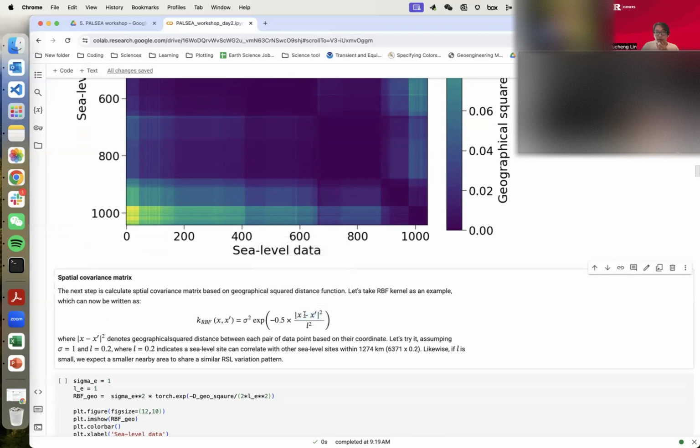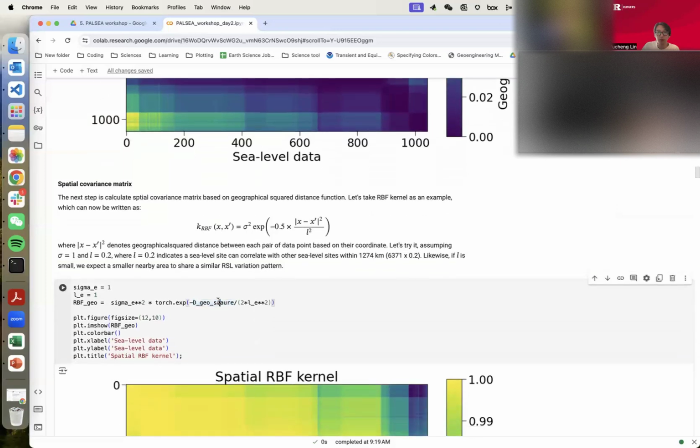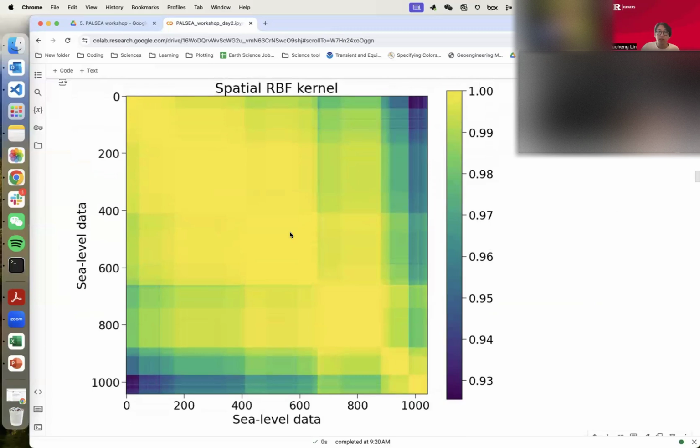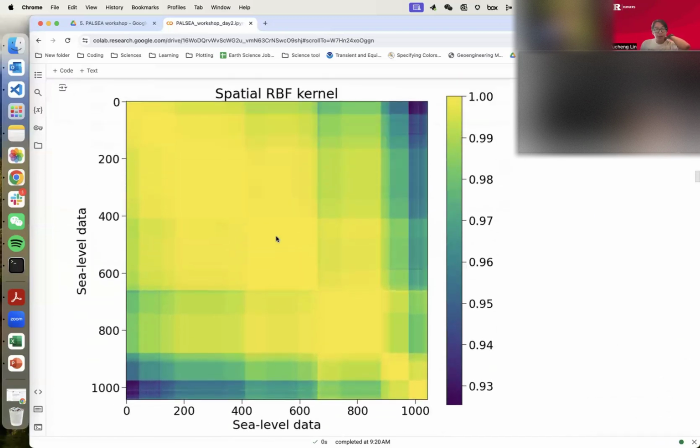Now it becomes a spatial distance function, and everything else is pretty much the same. You can see that nearby sites have higher correlation, or covariance, and sites farther away have lower correlation. I hope this makes sense to you.